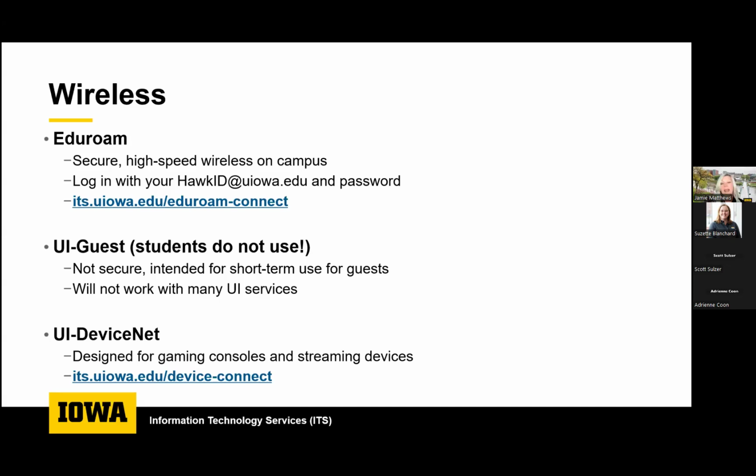So this is a very safe and secure wireless network. They will connect with their Hawk ID at uiowa.edu and their password. More information about how to connect can be found at that Eduroam-Connect website.